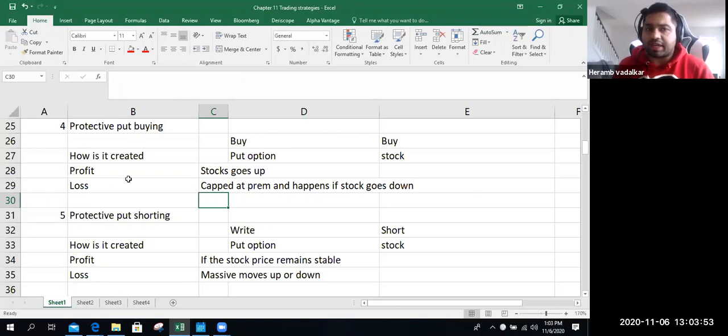So when you do a protective put strategy, you don't lose more than the premium paid. So effectively you protect your portfolio. If the portfolio goes up, you make money. If the portfolio starts falling, the maximum loss you suffer is the premium. So it's like buying insurance on a portfolio.